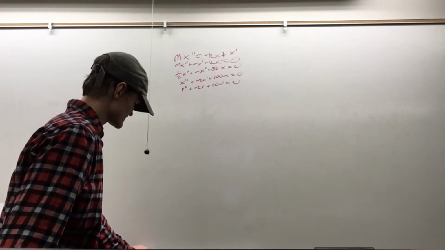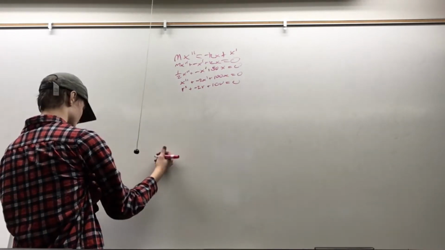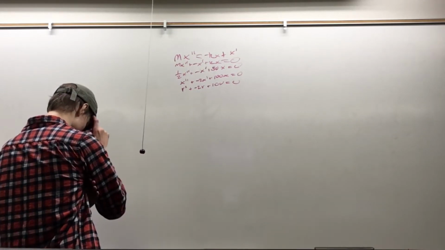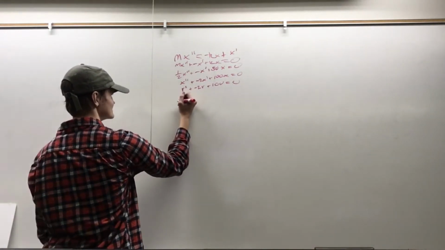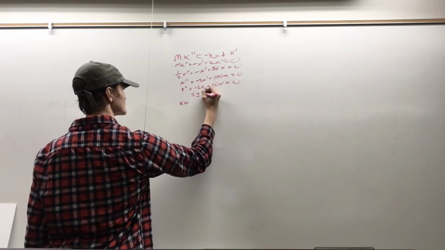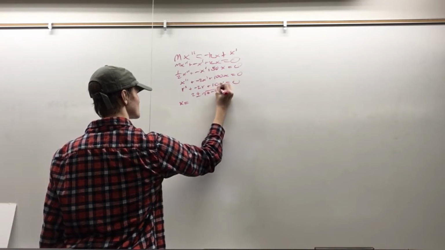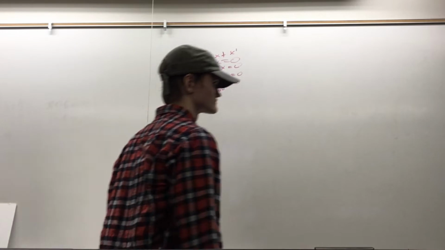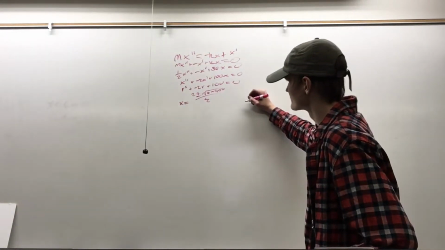Now we have to find the roots of this, and in order to do that, I'm just going to use the formula we've known since algebra, the negative b plus or minus the root of b squared minus 4ac, all over 2a.